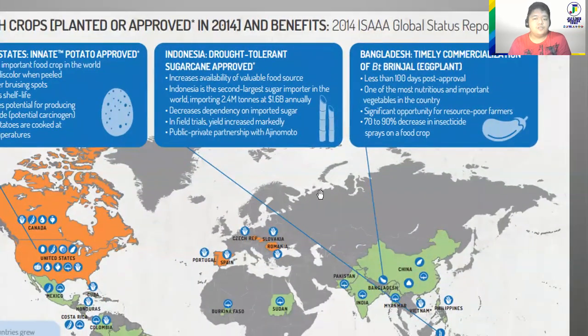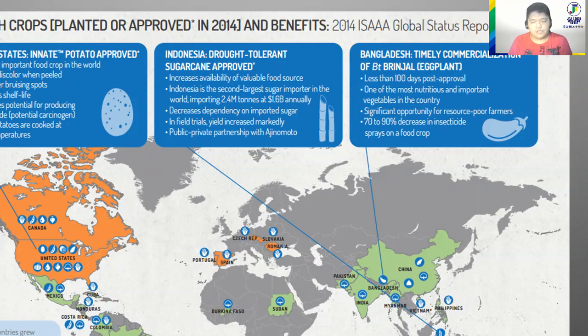Another example is in Indonesia, the drought tolerant sugarcane. This is actually a public partnership with Ajinomoto for their production of MSG or monosodium glutamate. Aside from MSG, sugar is also produced for vinegar.